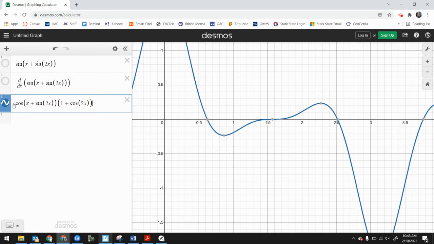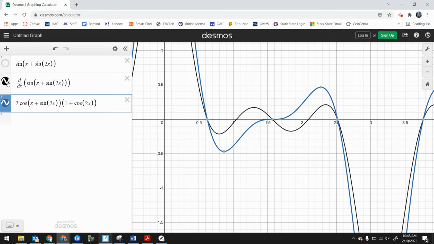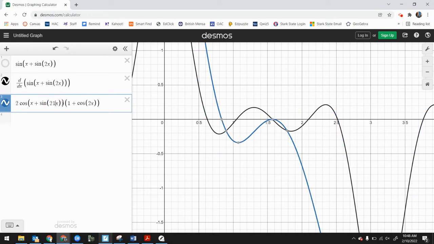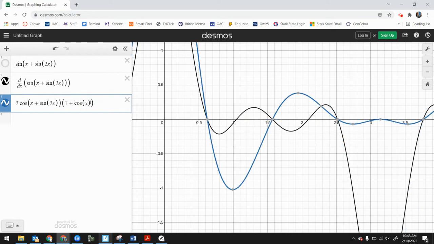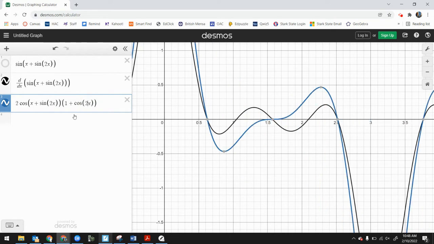What if I do this, times 2? Is that the same thing? No. It's very similar though. I've got the same x values. I don't know. Is it that? No. Is it this? No. Something's weird about this. But anyway, obviously I made a mistake.